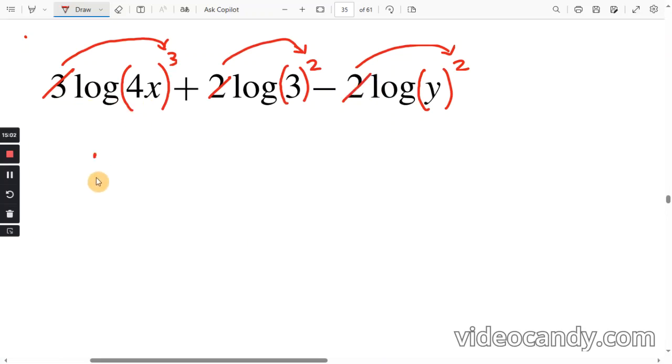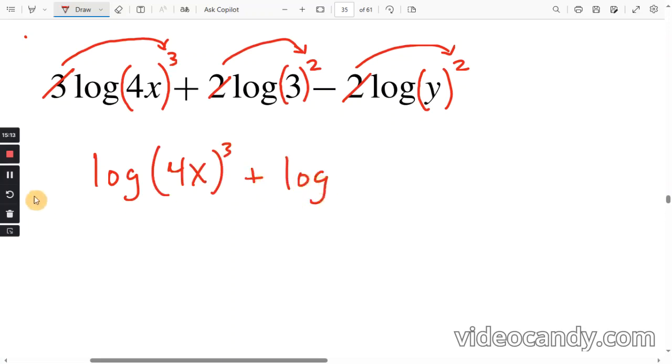We have log of 4x to the third plus the log of 3 squared, but we know that 3 squared is just 9, minus the log of y squared.